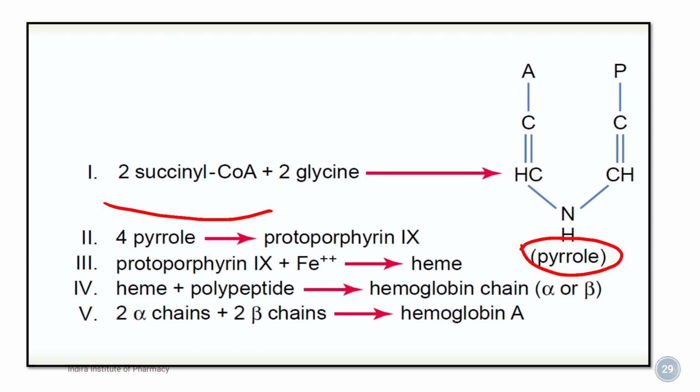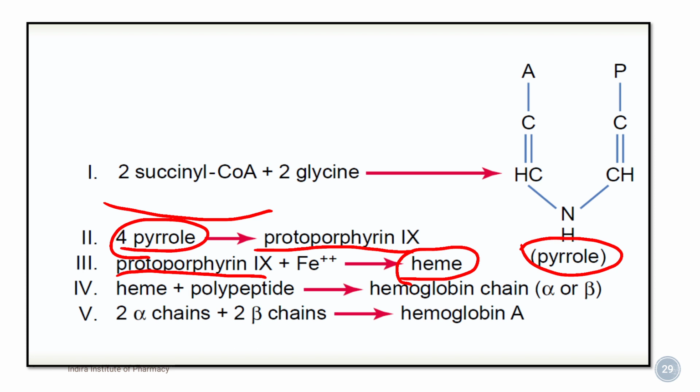Four pyrrole molecules combine to form protoporphyrin 9, which in turn combines with iron to form heme.